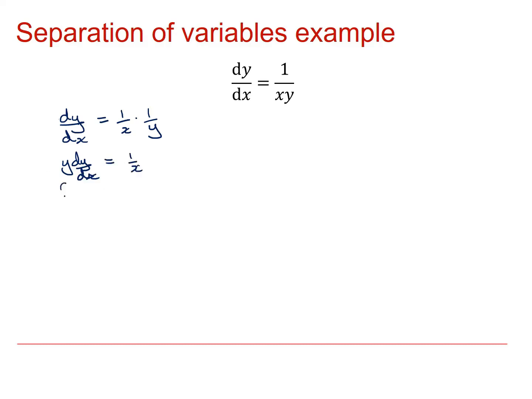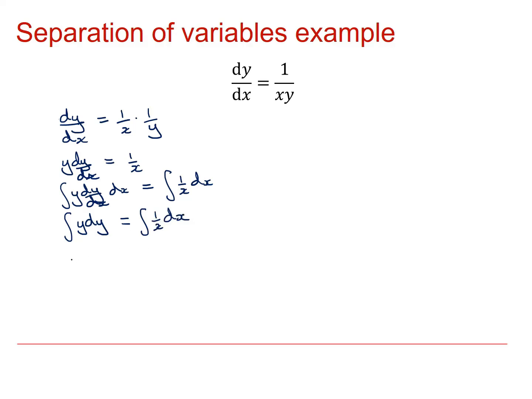Integrating both sides, I'm going to get the integral of y dy by dx is equal to the integral of 1 over x dx. And I've integrated both sides with respect to x. This here simplifies down to just the integral of y dy, and that is 1 over x dx.